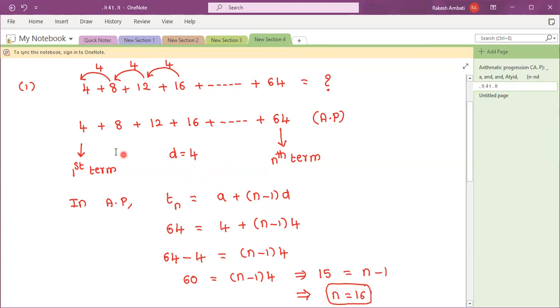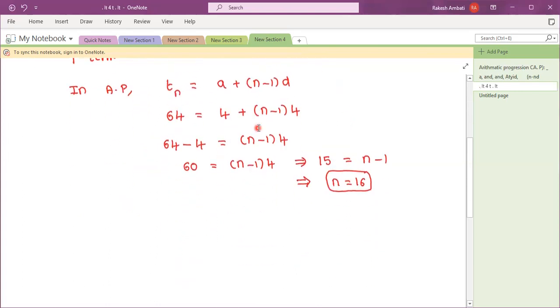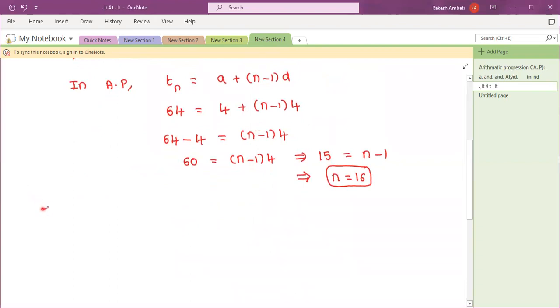But the question is we have to find the summation of n number of terms in AP. So what is the formula we have? Summation of n number of terms is n by 2 into first term plus nth term.